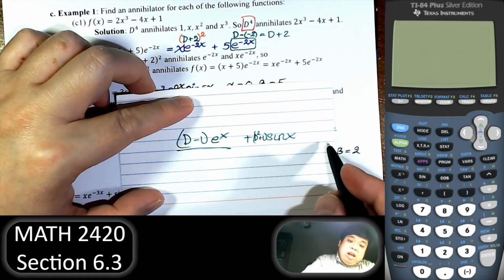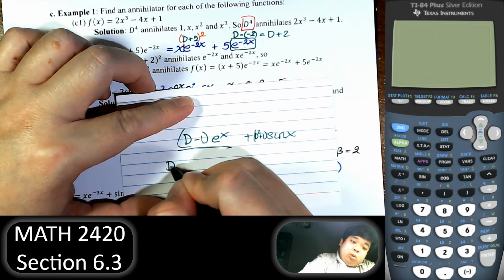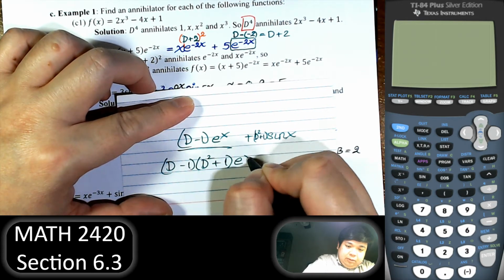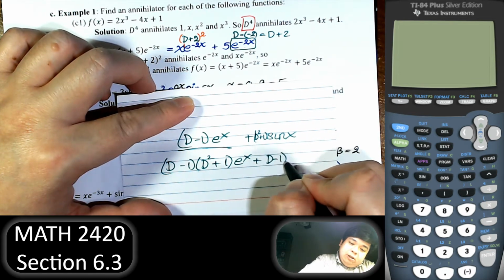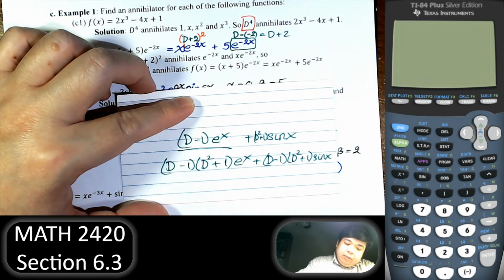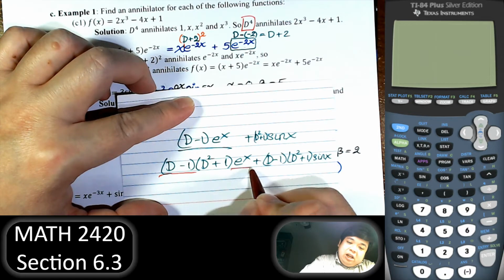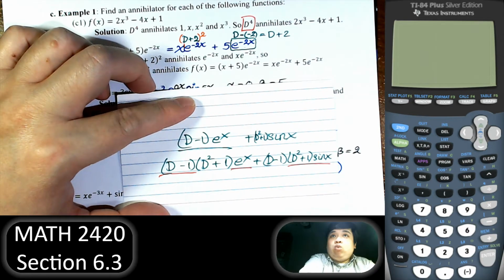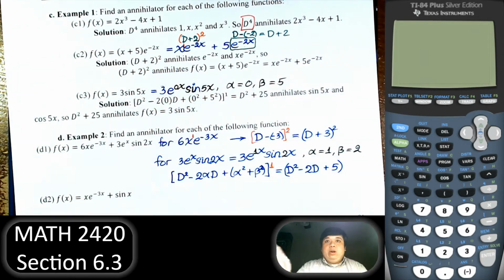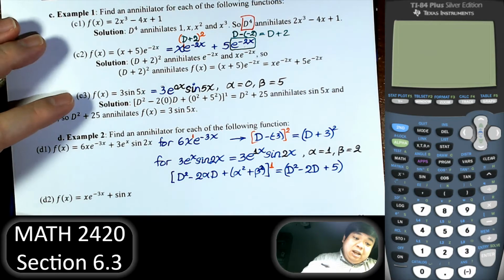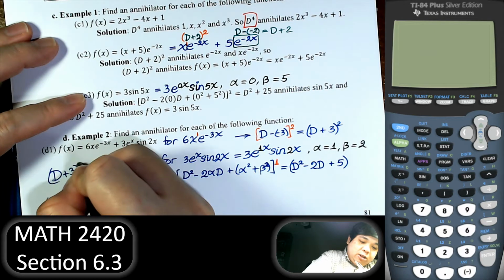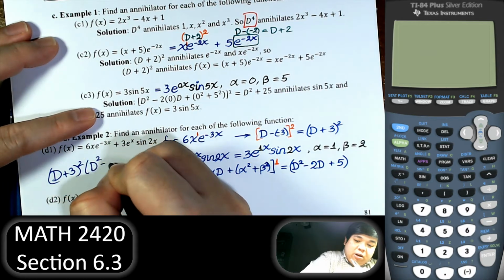So if we want to annihilate both, we just multiply them. d − 1 will annihilate e^x, and d² + 1 will annihilate sin x. So when we multiply together, it will take care of all of the terms of the function. So in that case, the annihilator is what we get by multiplying these together: (d+3)² (d² − 2d + 5).